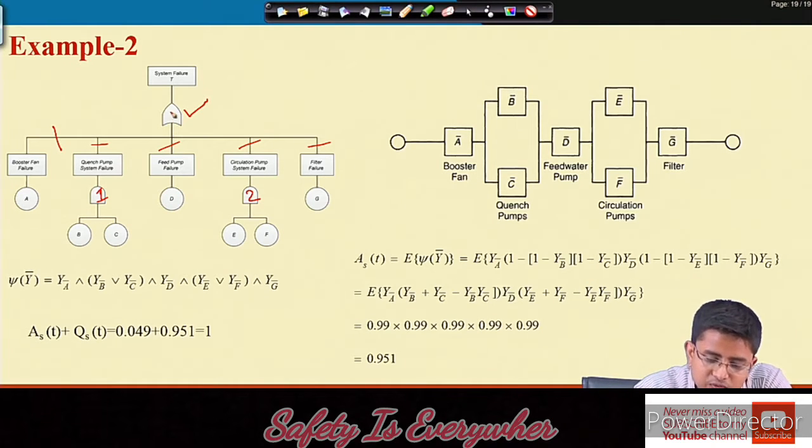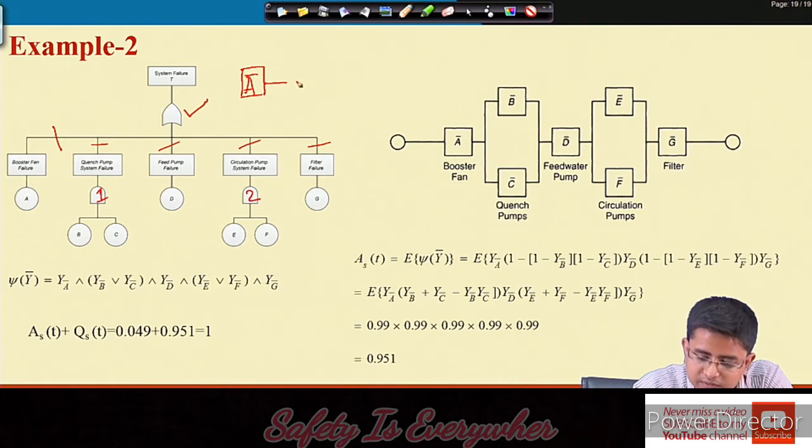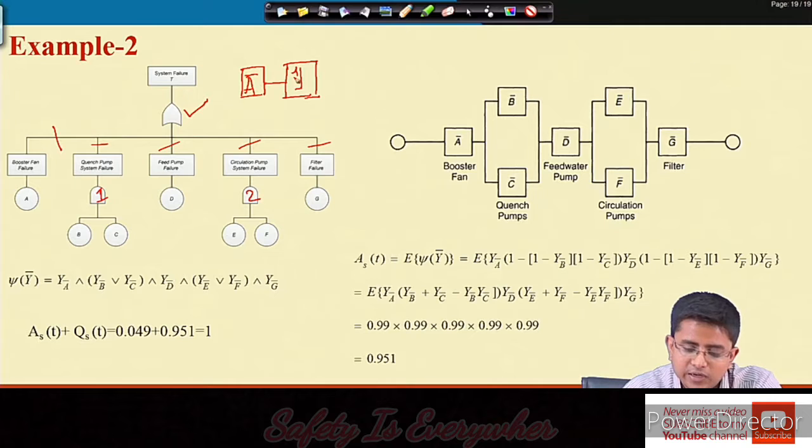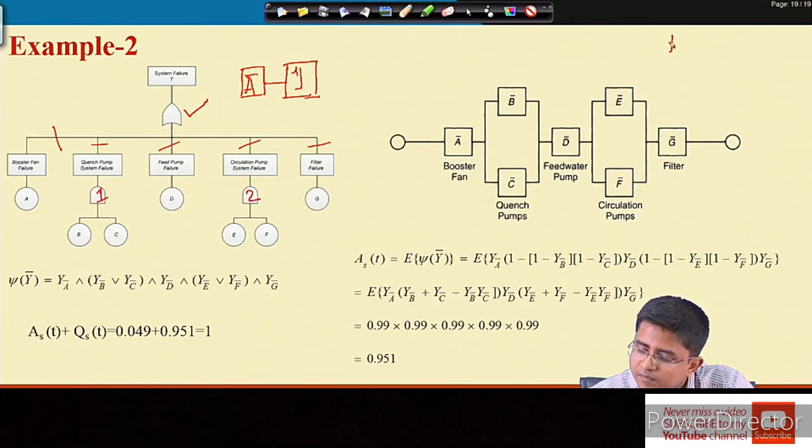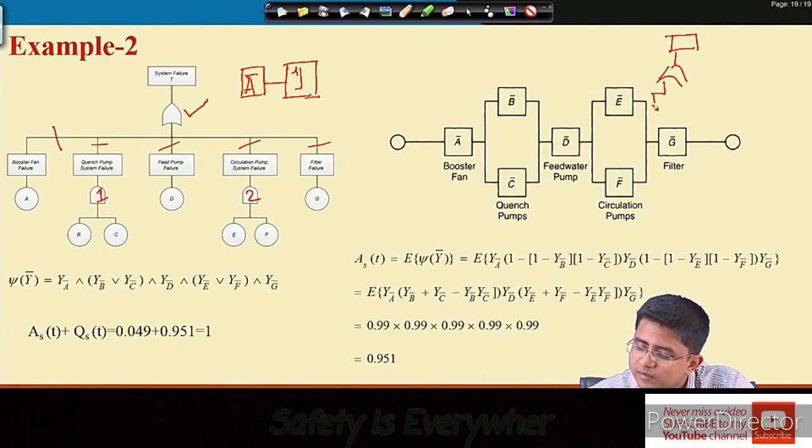As this is an OR gate, we can write the RBD.